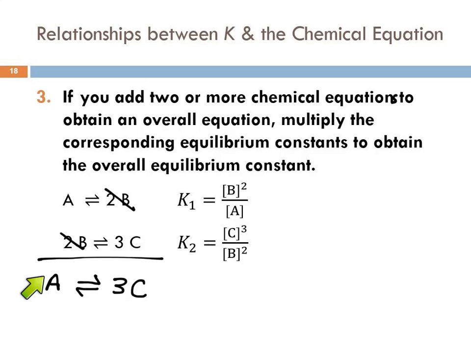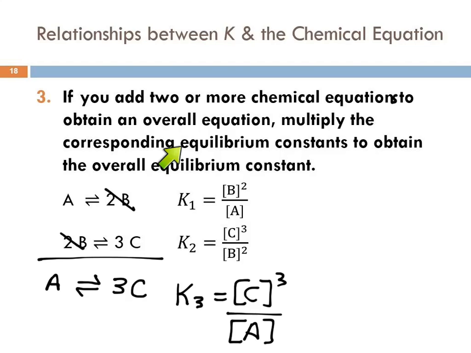And looking at this, what would the equilibrium constant be? Let's call that K3. C cubed over A. So what this is telling us is that to get the equilibrium constant for the reaction we got by adding these, we should take these two things and multiply them.